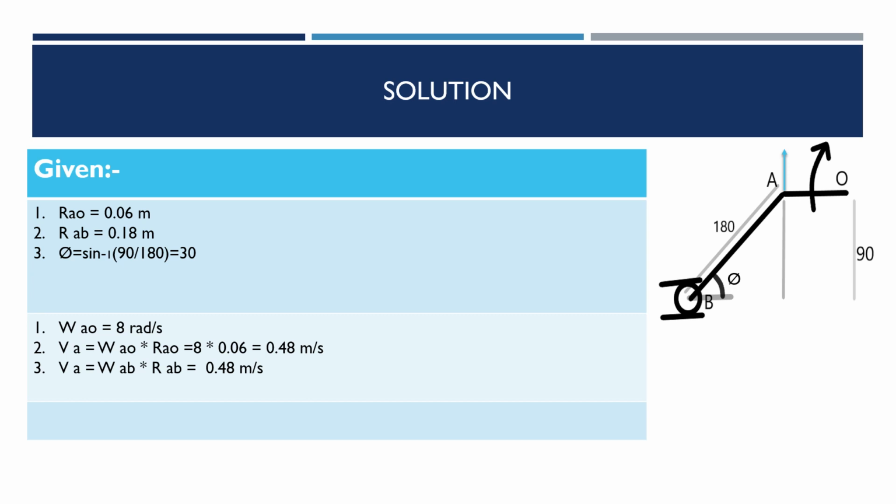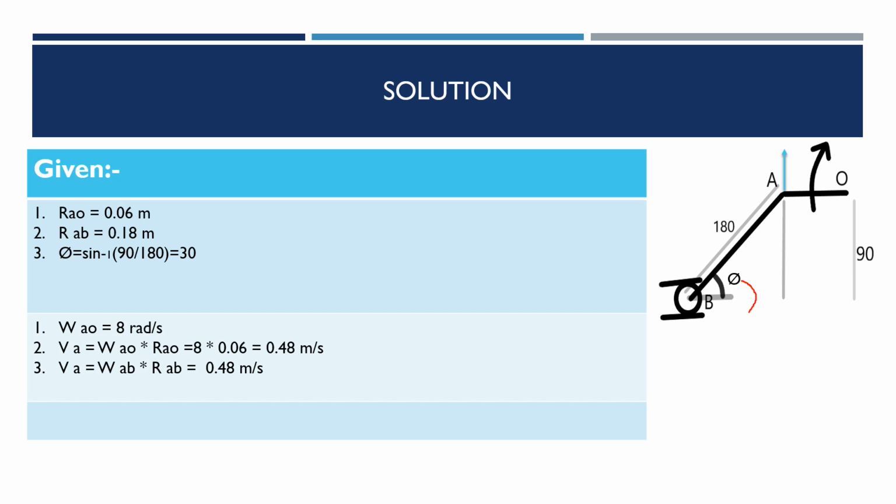We are given that the length of AO is 0.06 meter, the length of AB is 0.18 meter, and the angle phi is equal to sine inverse of 90 by 180, which equals 30 degrees. We are given that omega of AO is 8 radian per second.